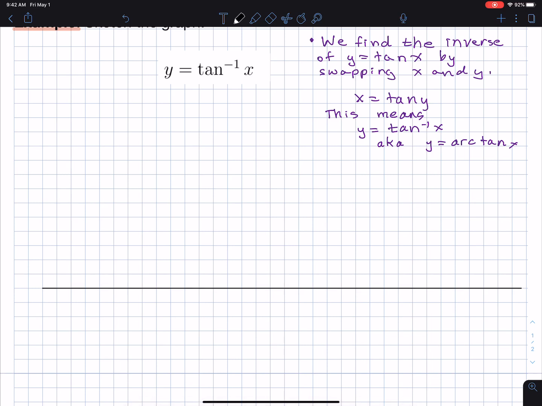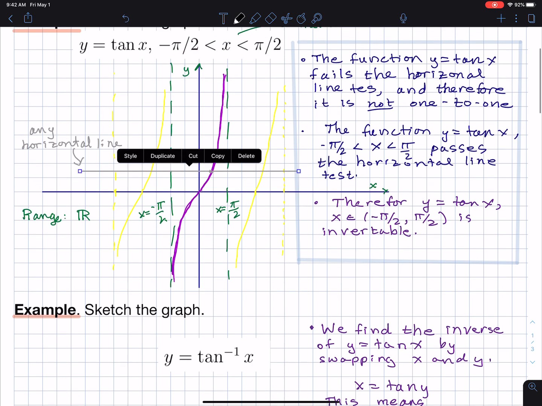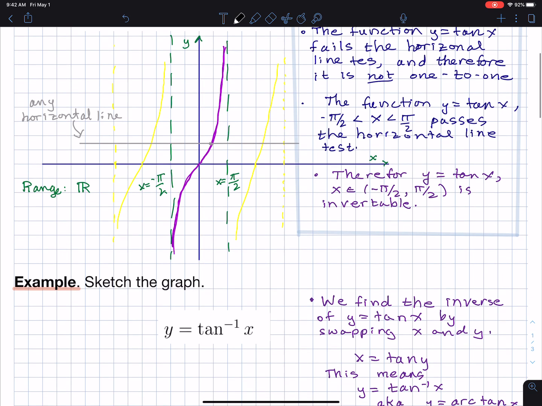It's also going to swap the vertical and horizontal asymptotes. When you swap x and y, what's a vertical asymptote for our tangent graph becomes a horizontal asymptote for our arctangent graph.